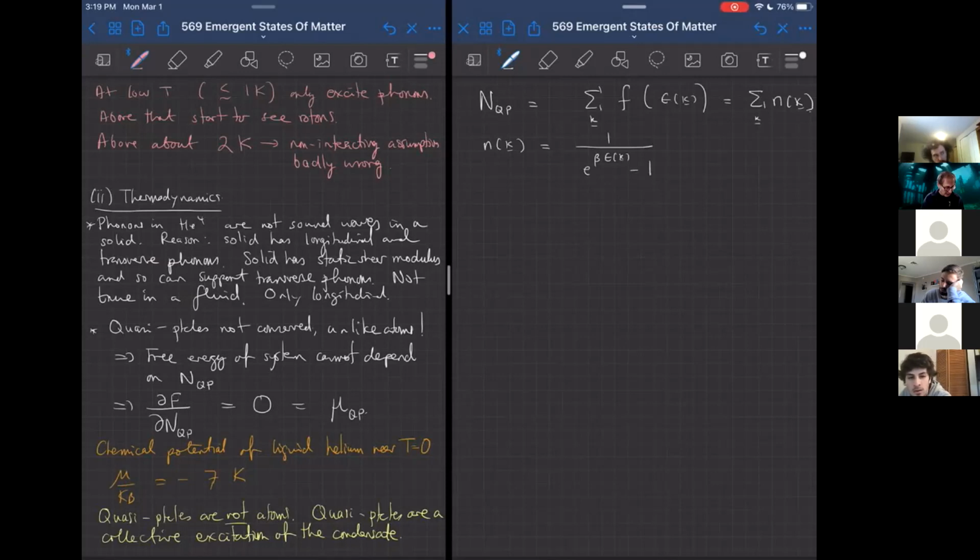So that's how we compute the total number of quasi-particles. And so I can write the number of quasi-particles as an integral: V over (2 pi)^3 is the density of states in k space, times the integral d^3k n(k), like that.